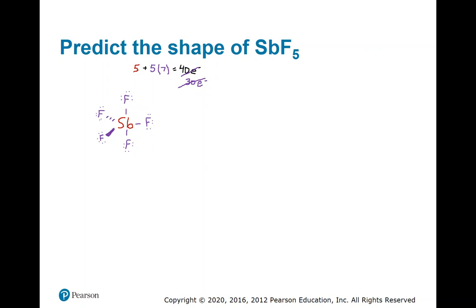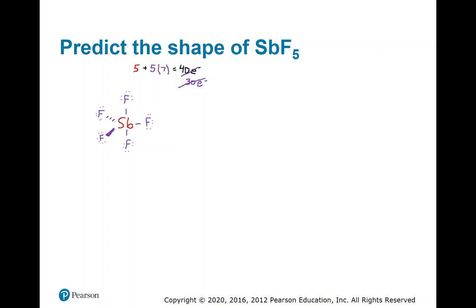There we go, that's our Lewis structure. We've placed all the electrons. Our antimony in the center actually has 10 electrons around it, so we definitely don't need to turn any of those lone pairs into double or triple bonds. So we're going to work from this right here.